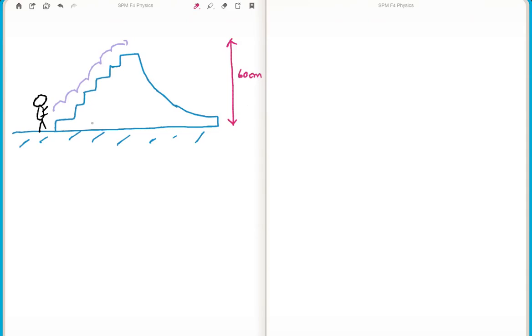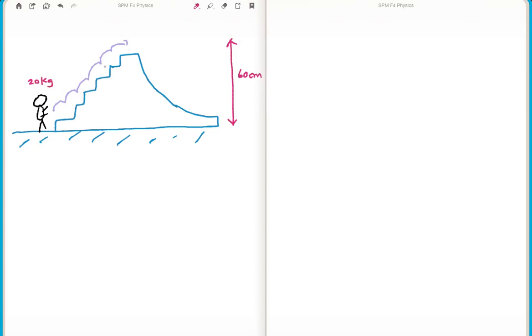Of course they will let you know how many centimeters one stair is, and how many stairs, and eventually you know the total height. And this person's weight maybe 20 kg.